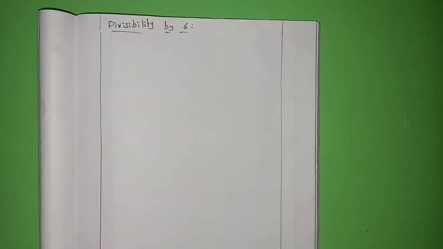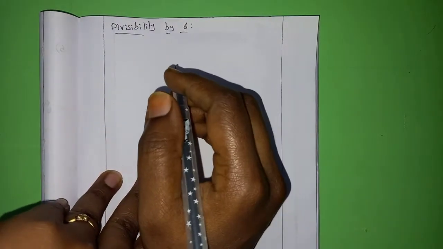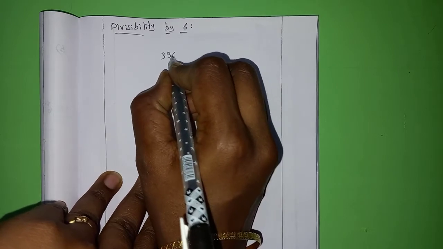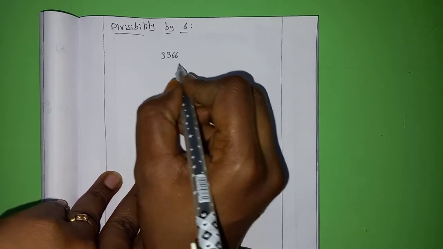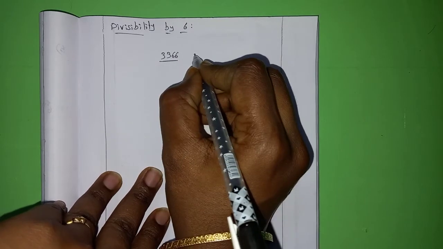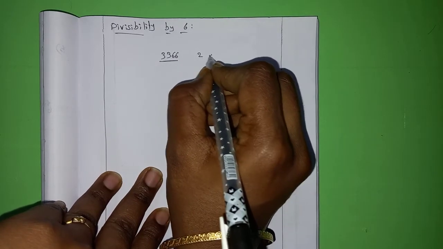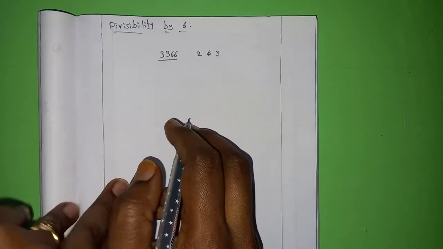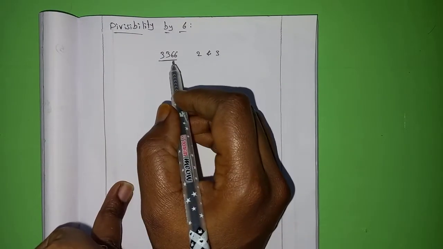Next one is divisibility by 6. How can we understand whether the number is divisible by 6? Here you have to check two things. Let me take a number, 3366. If this number is divisible by 2 and 3, then that number is divisible by 6 also.